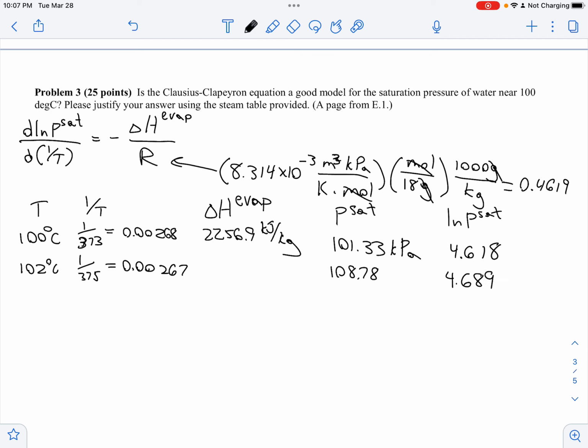Okay, so we have an ln Psat, we have a 1 over T, and we can look at the derivatives.